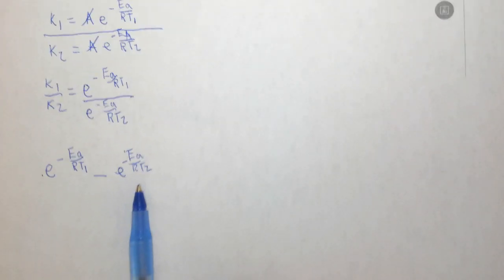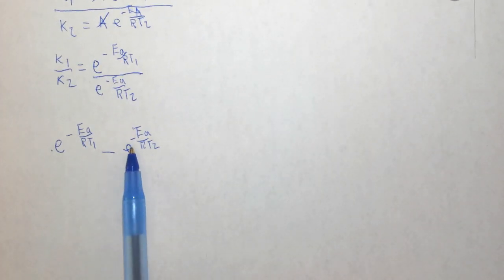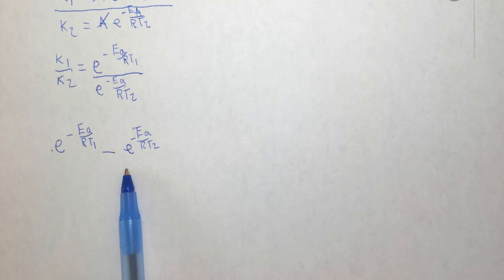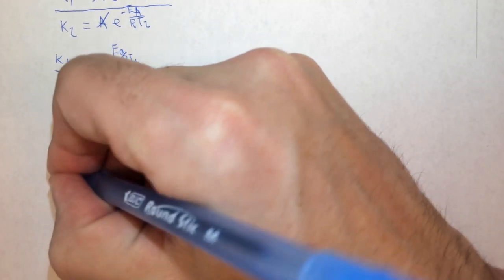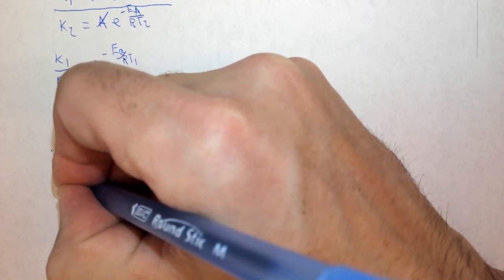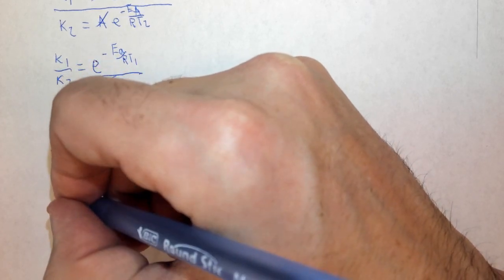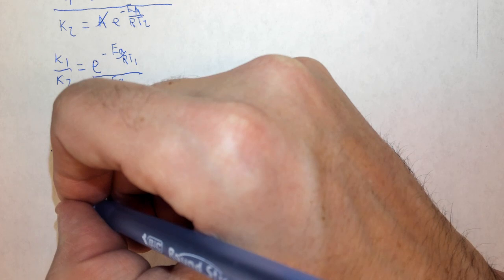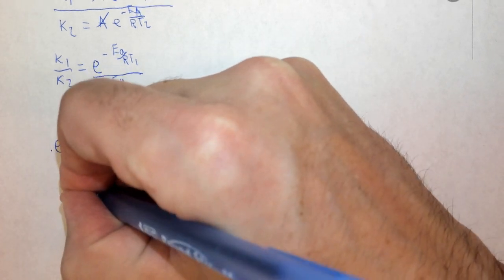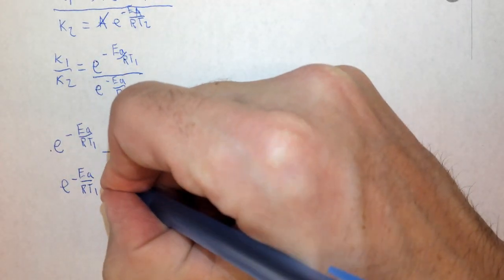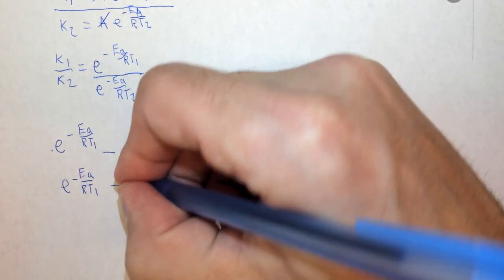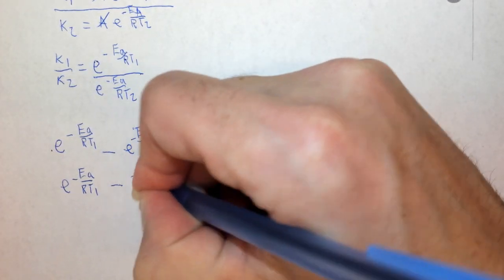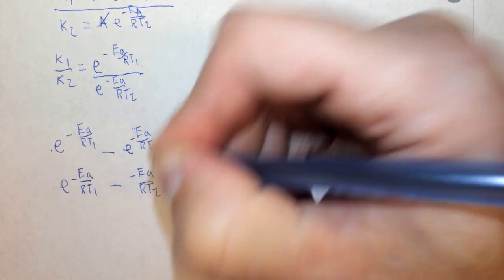We can further simplify this. E to the negative Ea over RT1 minus negative Ea over RT2.